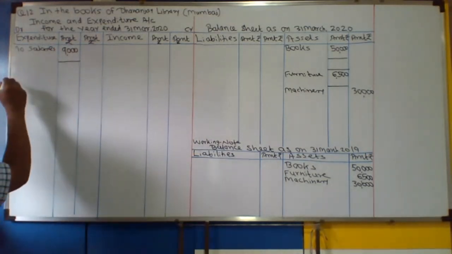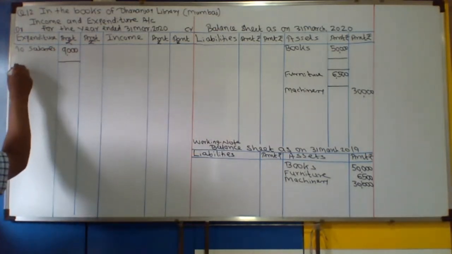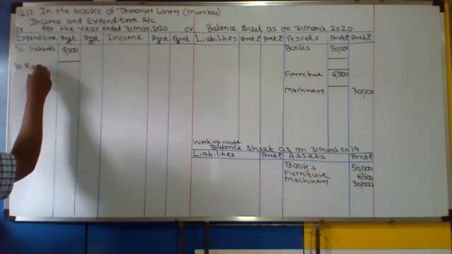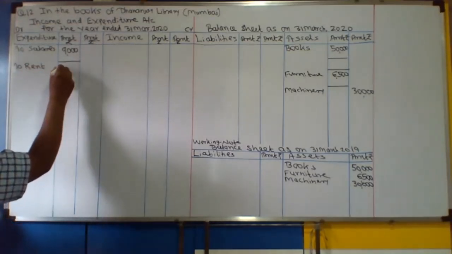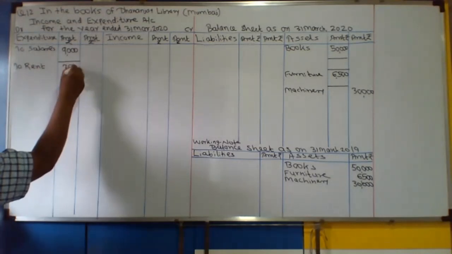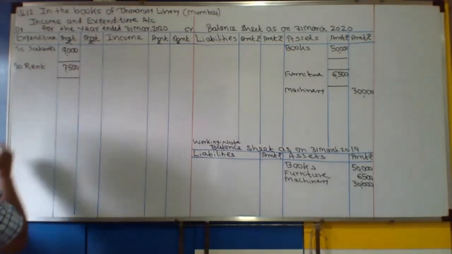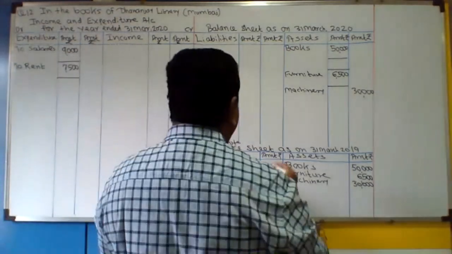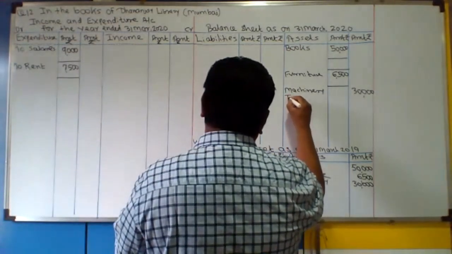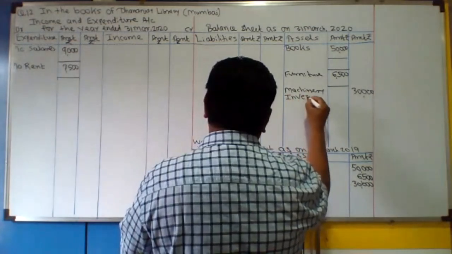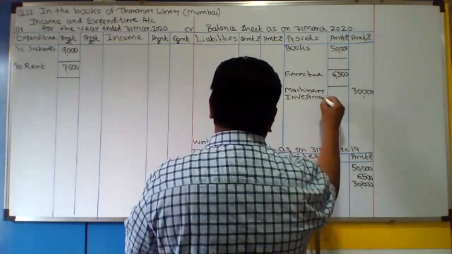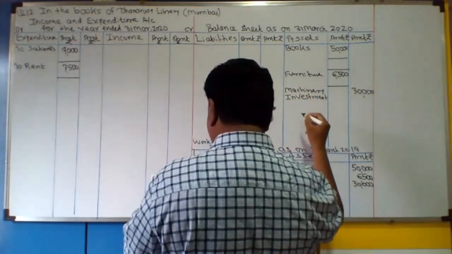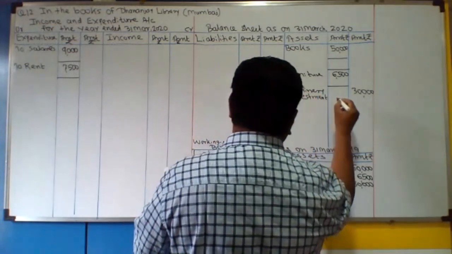Rent, expenditure side, inner column, 7,500. Then investment, by the way this is an asset and this will appear of course only in the current year; there is no chance of it appearing in the last year. It will come in the current year. Write in the inner column: investment made is 6,000 rupees.